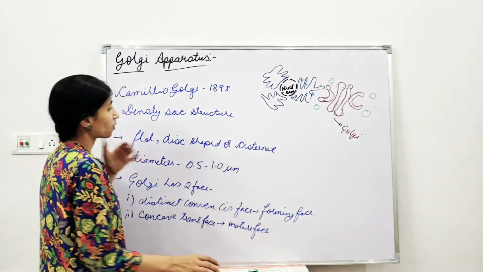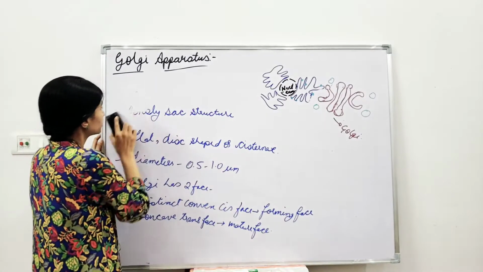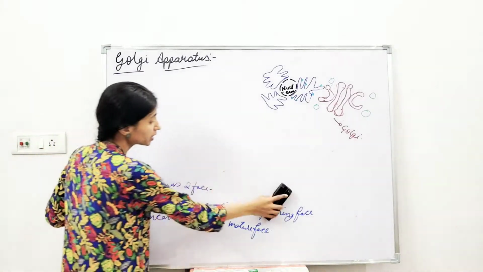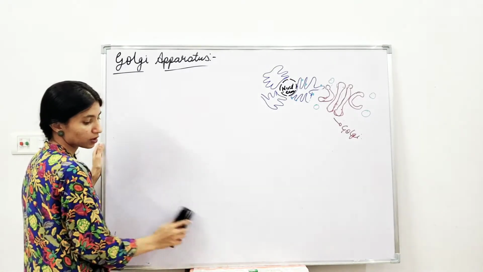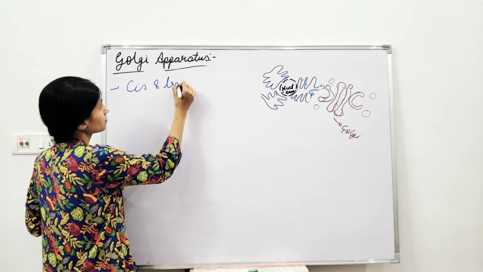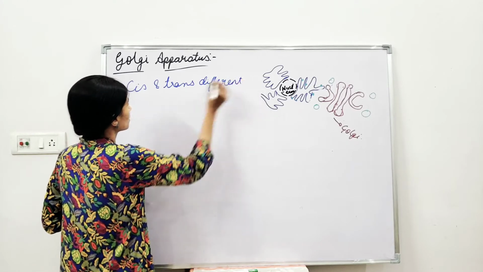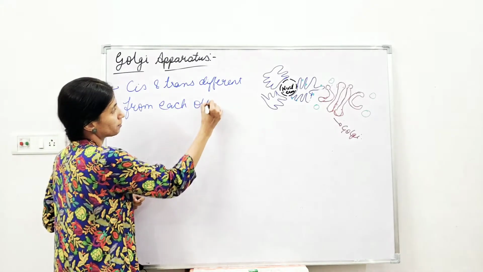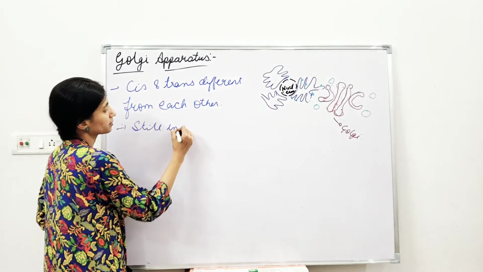If you look at the structure, this convex face and this concave face are different from each other, but still they are interconnected.